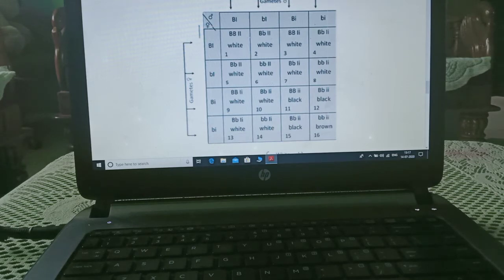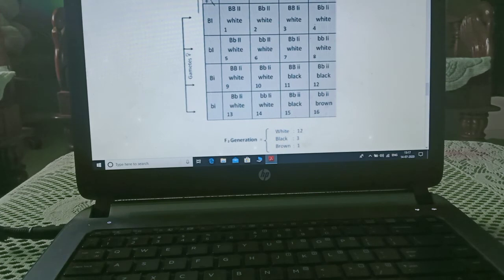And in this new generation, the result was 12, 3, 1, as you can see in the table. 12 were white, 3 black, and 1 brown.